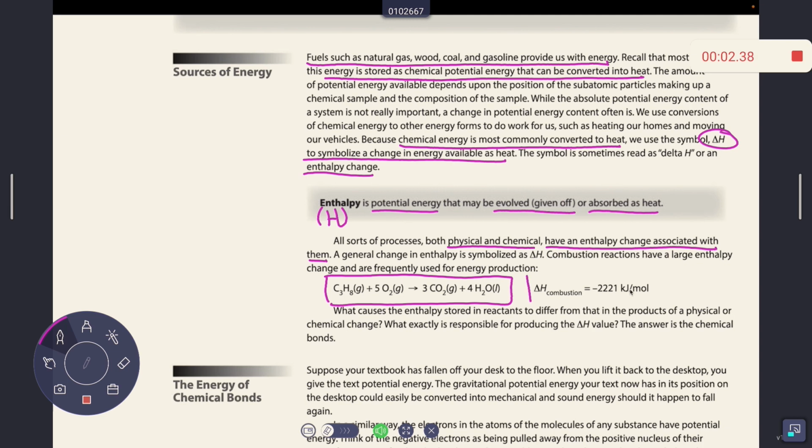The delta H value that's associated with it is written after the equation. It's negative 2221 kilojoules per mole. When you have a negative delta H value, that means it's an exothermic process. Okay? Exothermic processes release a lot of heat energy. And if we had a positive delta H value, what would that be? Endothermic? Yeah, it would be endothermic.